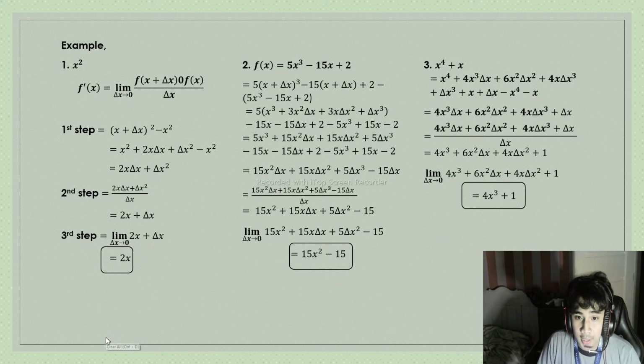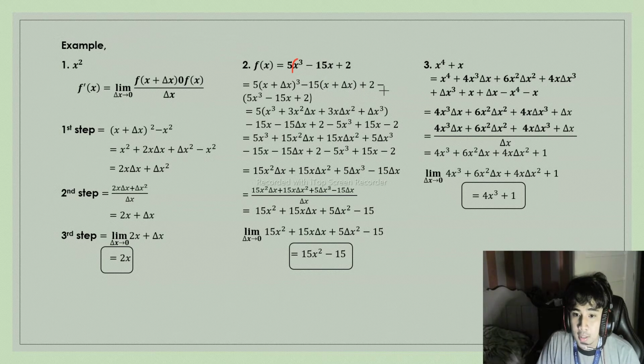Next, our second example. F of x is equal to 5x cubed minus 15x plus 2. Yung 5, nasa labas. Magiging x plus delta x cubed minus 15. Substitute ulit natin yung x plus delta x.